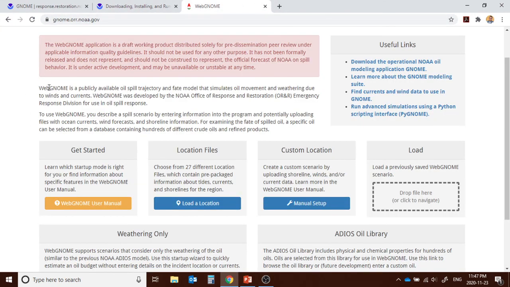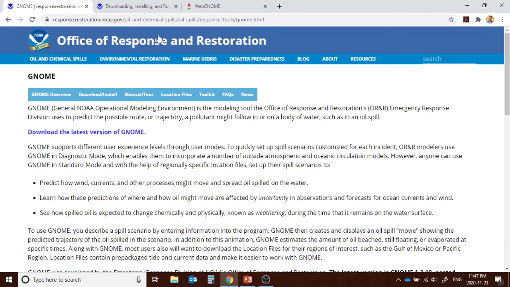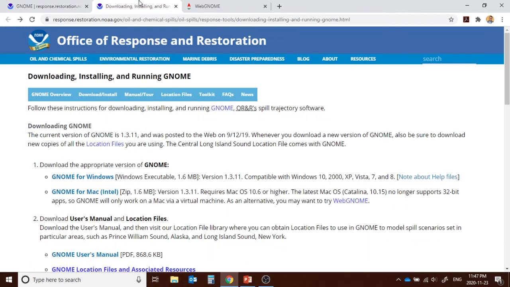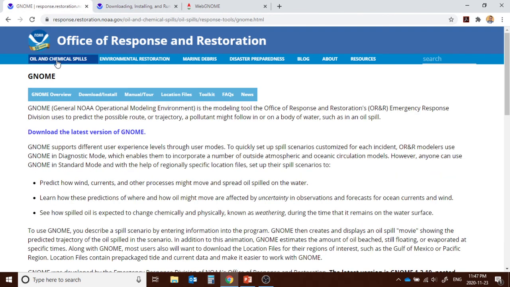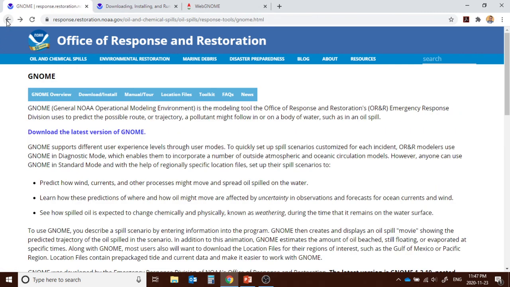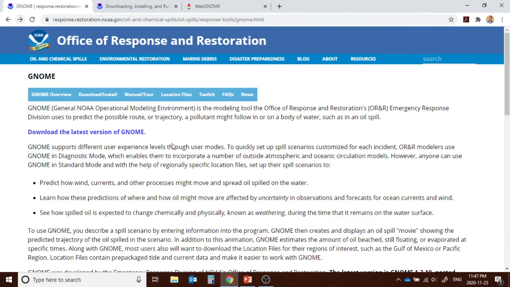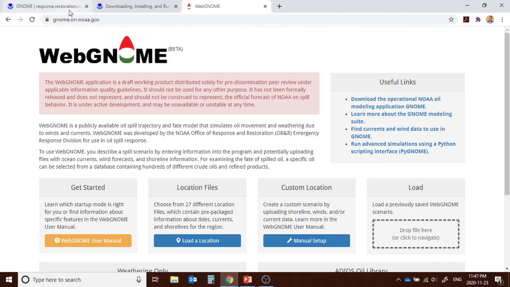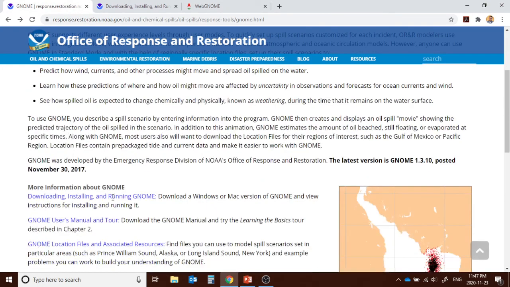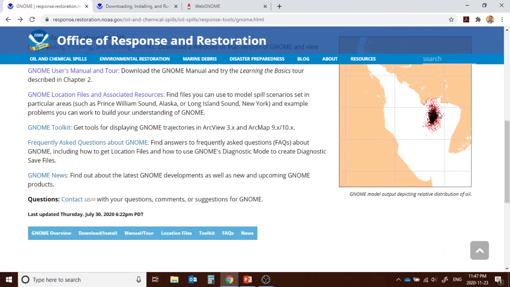But what is important now is that I already gave you this website in the resource section of the module, and this website also, to show how to download the GNOME software. I would highly suggest you go to this site and download the latest version of this software, and then we'll start working on the model.